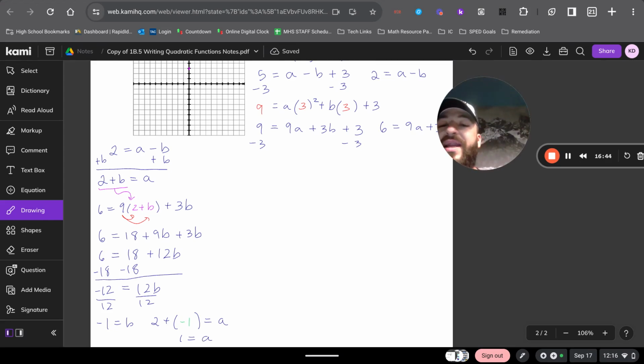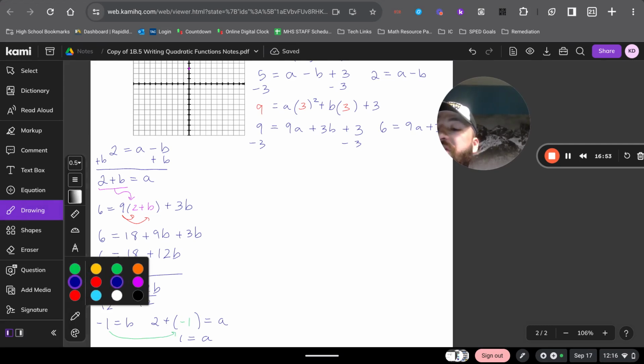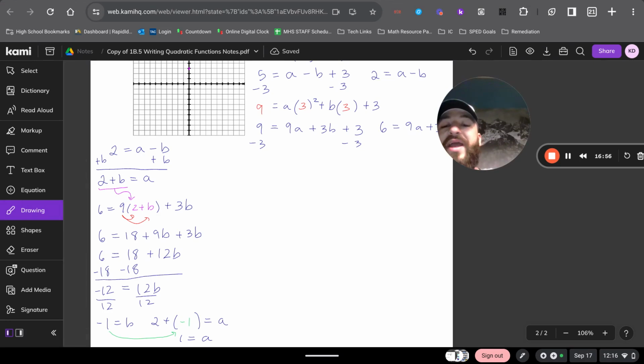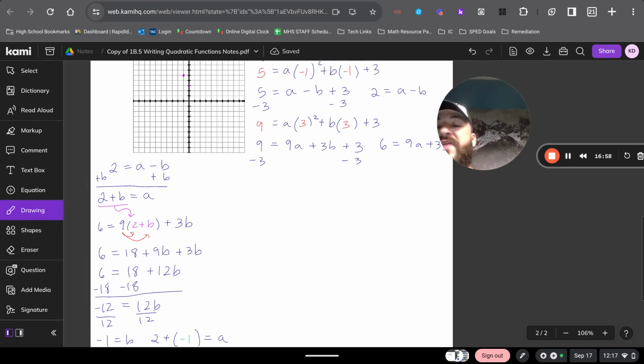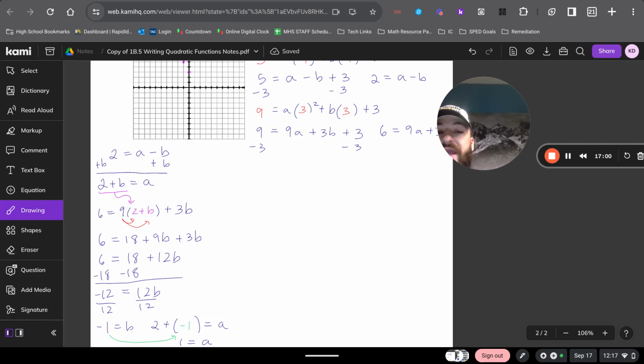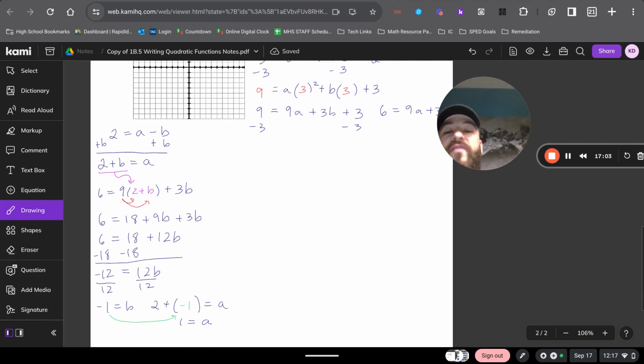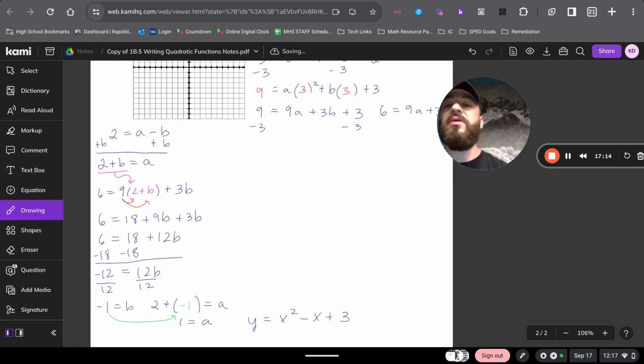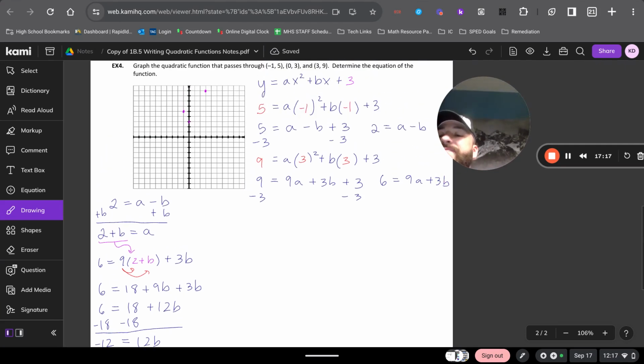Now that I have b and I have a, I can plug back into my standard form equation, which gives me a final equation with my a value of 1, b value of negative 1, and c value of 3. y is equal to x squared minus x, and then plus 3. Okay, and we call this our substitution method.